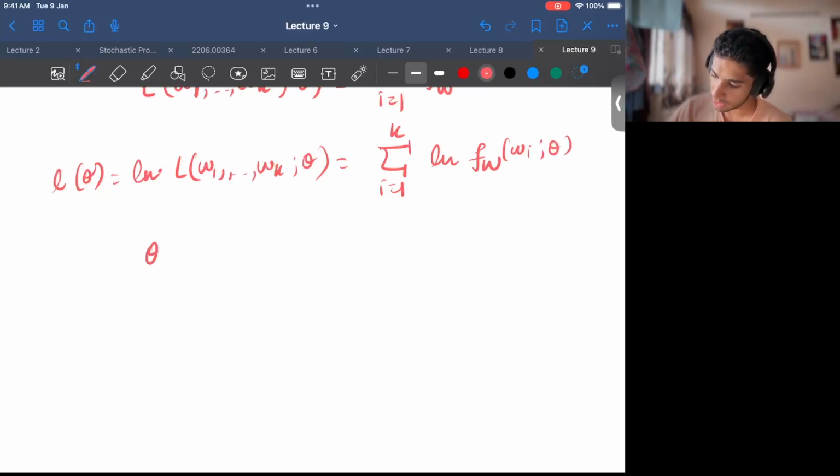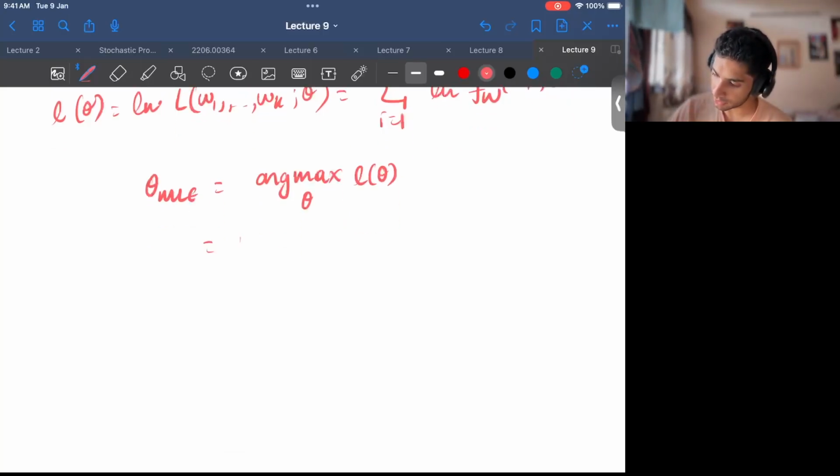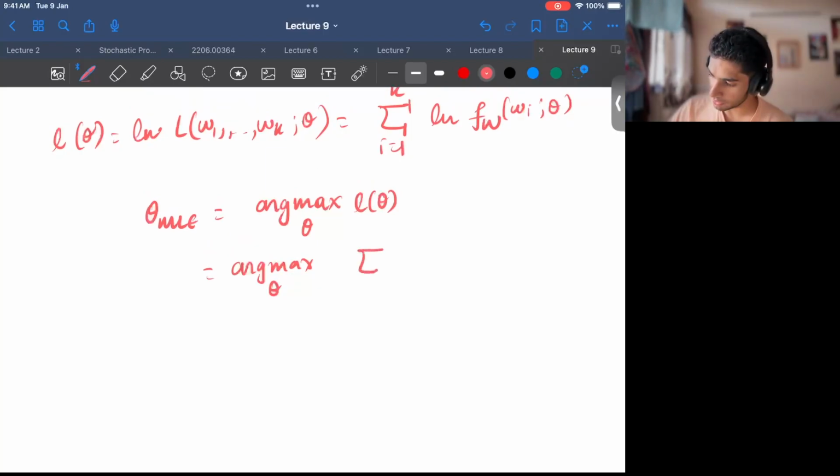Then the final estimate, theta MLE, is obtained by doing an optimization over argmax. Argmax over theta of l of theta. So basically argmax over theta of the summation of i equal to 1 to K of ln f_W of Wi, theta.